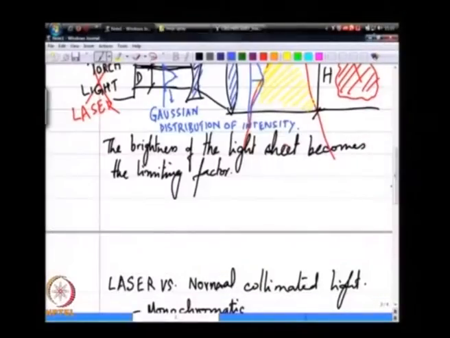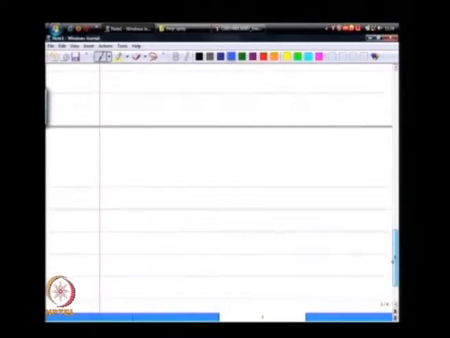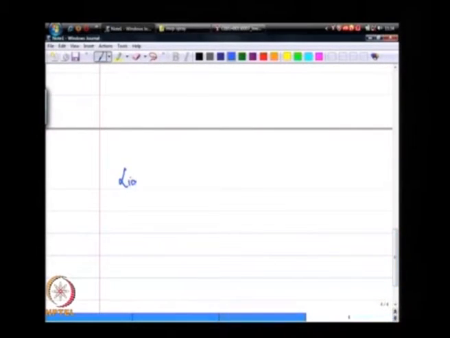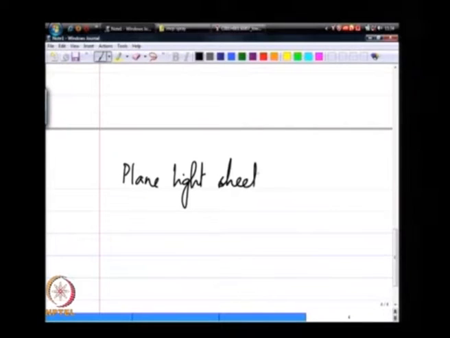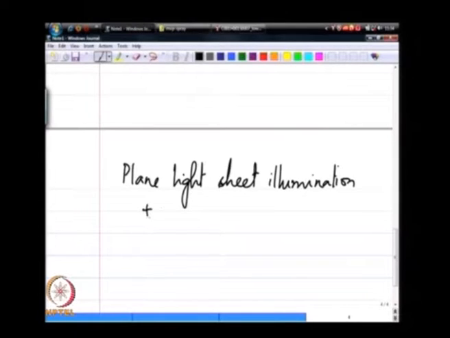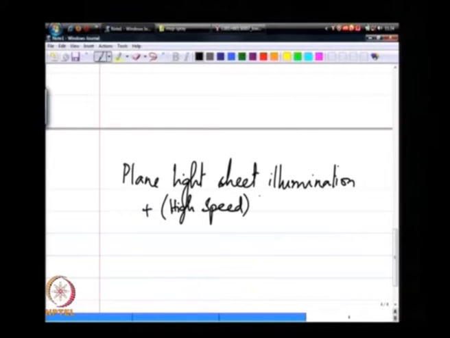So, the solution to this is to use a plane light sheet illumination plus, let us say, a high speed (I put high speed in parentheses, because high speed is not necessary) but what is necessary is a double pulse camera.